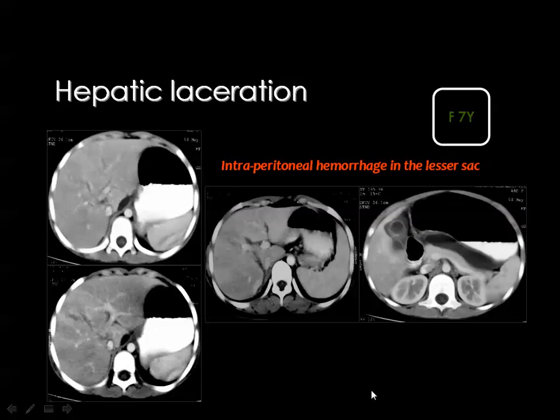And this is the female child with hepatic laceration and intraperitoneal hemorrhage. And you see here, this is the site of the laceration, and the laceration is relatively branching throughout the liver parenchyma, and you can easily appreciate this fluid in the lesser sac between the stomach and the pancreas.